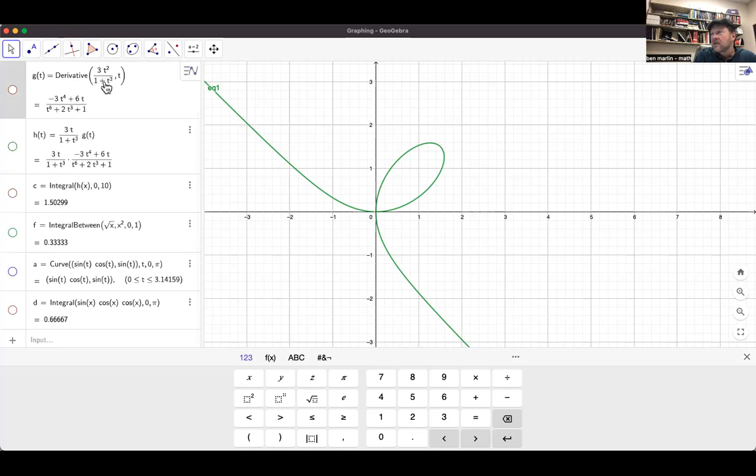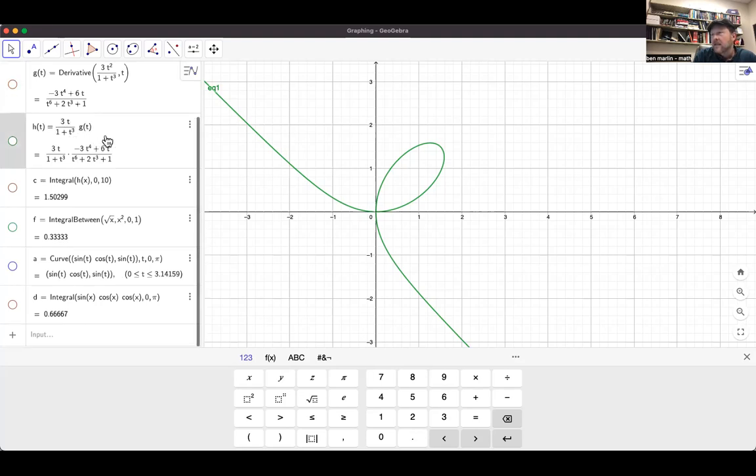And so what I did was to just take the 3t squared divided by 1 plus t cubed, derivative with respect to t. And I end up with a result out of that that is negative 3t to the 4th plus 6t. And then I went ahead and took that times the x here, and I get a pretty messy looking function out of it. And now I'm supposed to integrate that function.